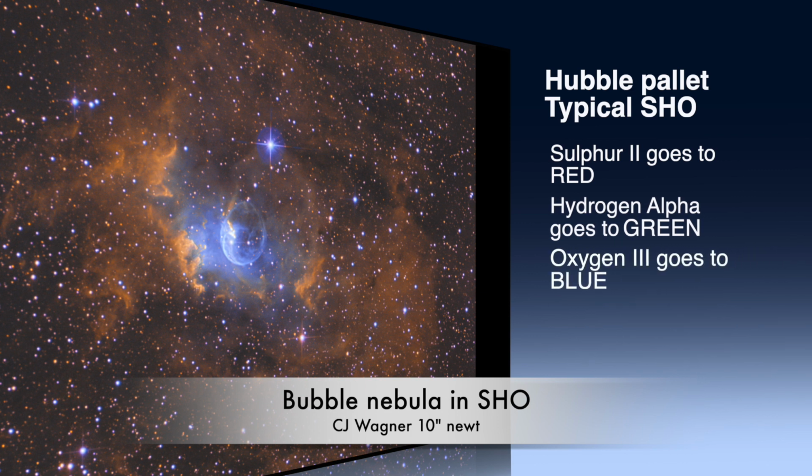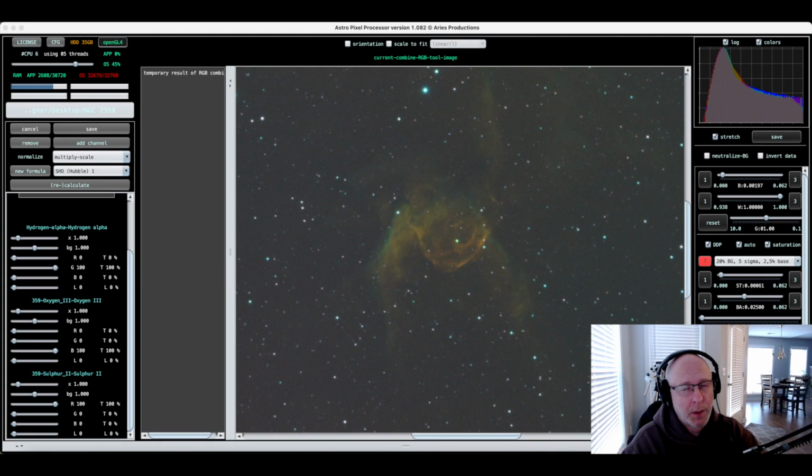You can do any particular combination of those three filters, and you can assign whatever color you want to them. HOS is very popular, and I think I've heard it's probably the more scientific way of looking at gas in space, because you obviously can't see gas, not as a color so much. You have to give it a color combination.